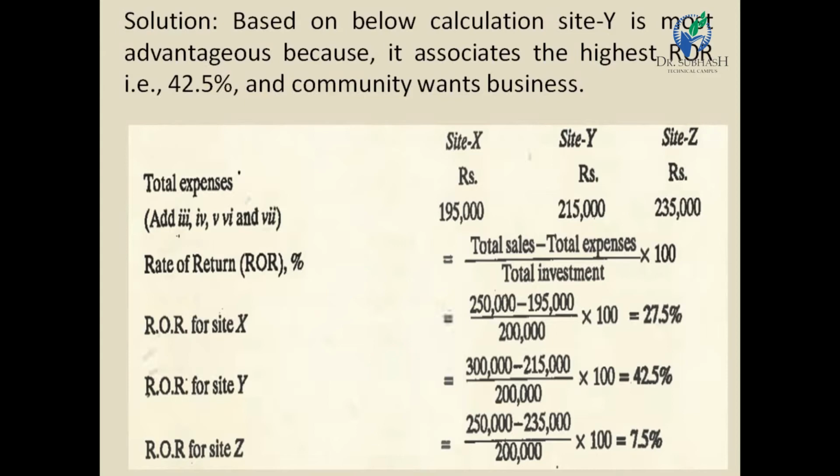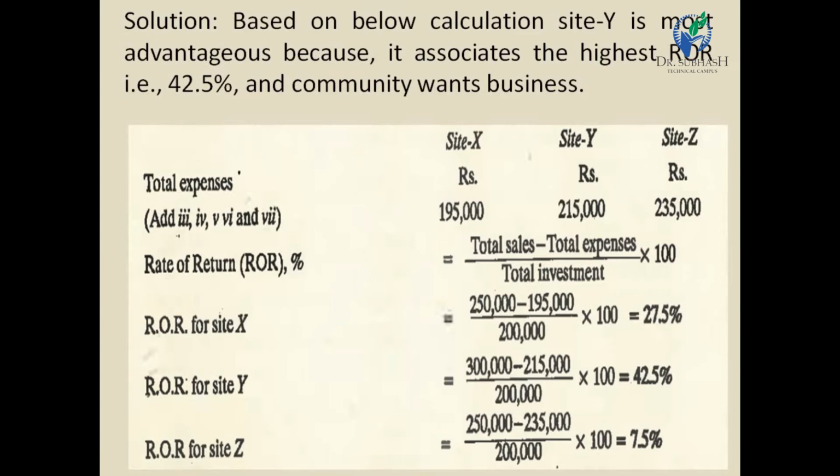Total expenses, based on the addition of items 3rd, 4th, 5th, 6th and 7th, is 1,95,000, which we have calculated over here. Divided by total initial investment, which for all three sites was 2 lakhs. From the calculation we get the rate of return for site X as 27.5%.